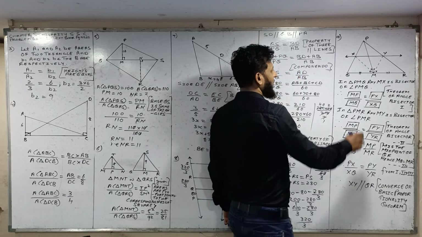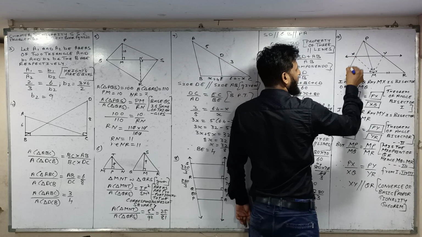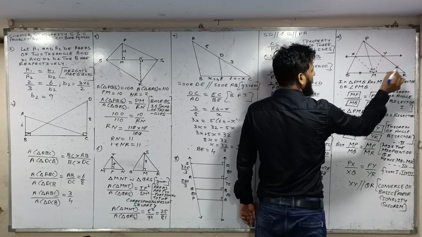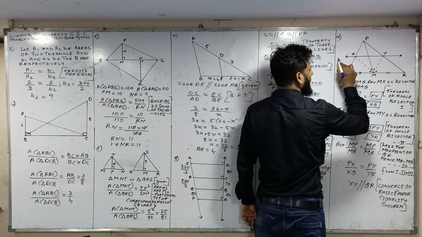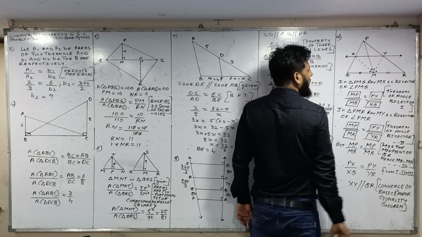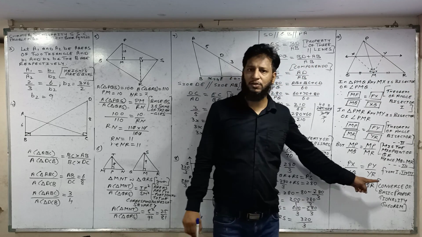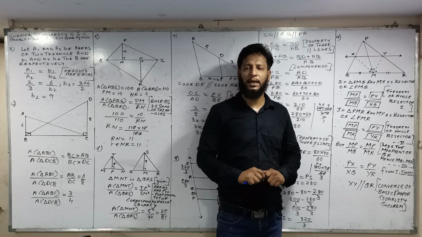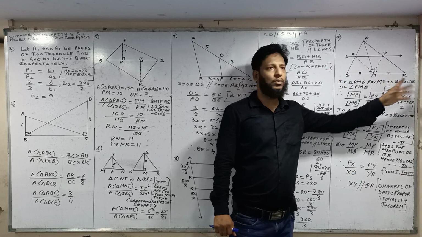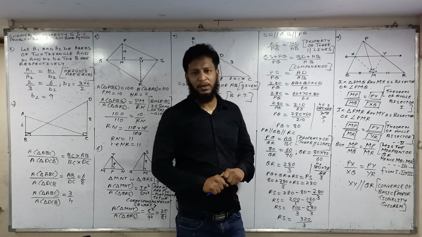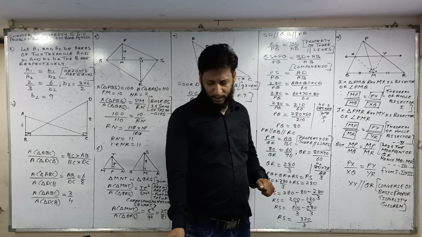Okay, see in the diagram, PX upon XQ is equal to PY upon YR. If the sides are proportional, that means XY is parallel to QR by converse of basic proportionality theorem. Okay, therefore XY parallel to QR by converse of basic proportionality theorem.